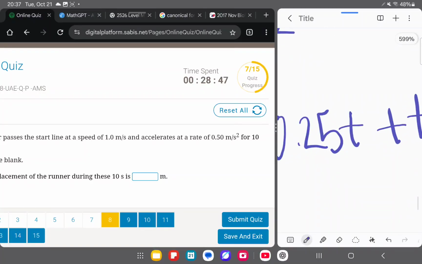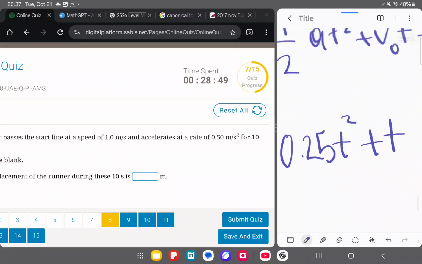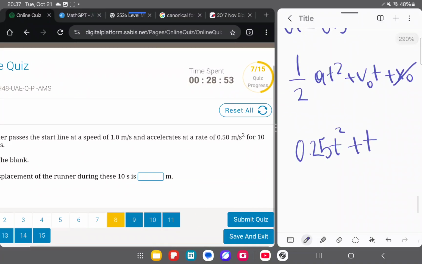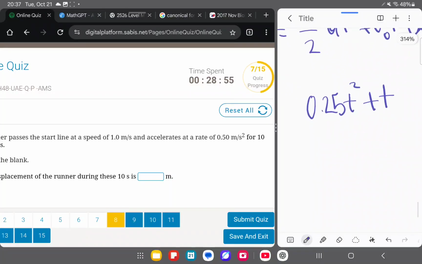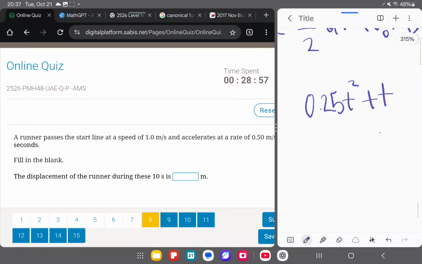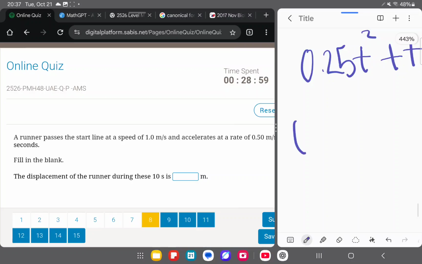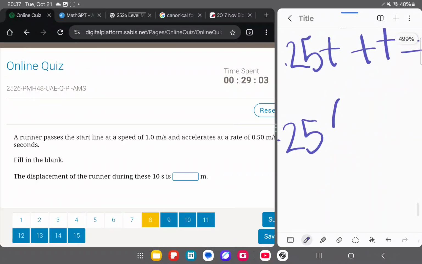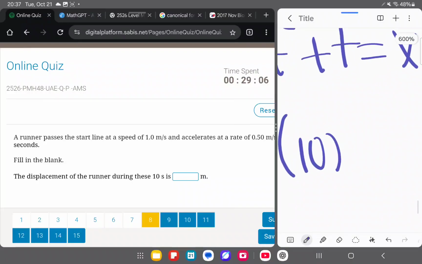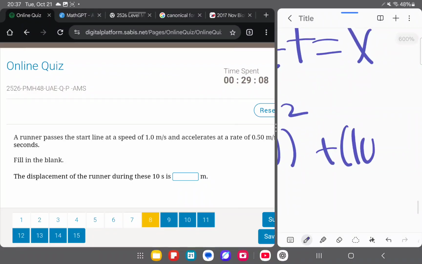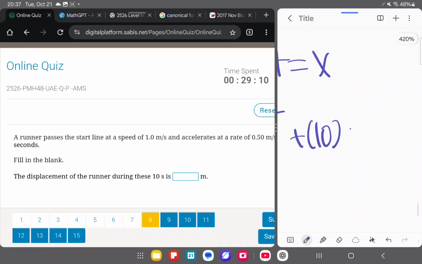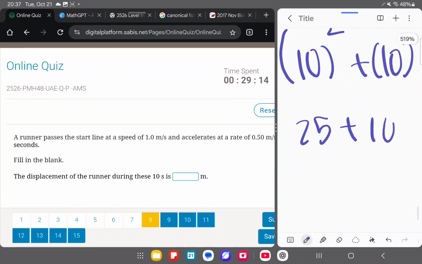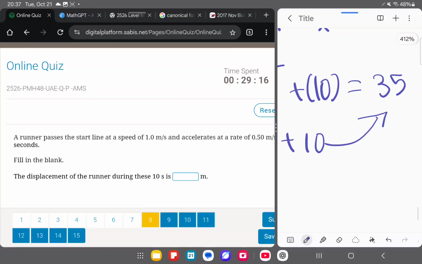Then t squared. To find what it's equal to, they said during these 10 seconds, so we substitute time with 10. So it should then be 35, because 25 plus 10 gives 35.